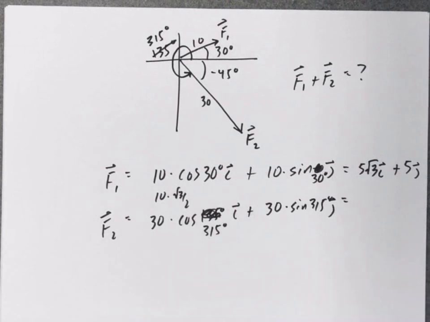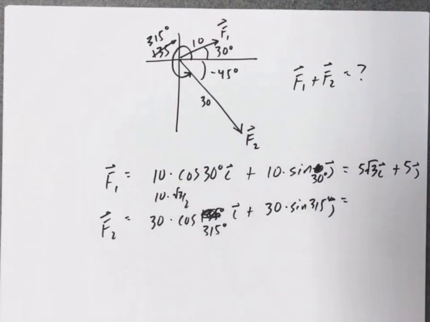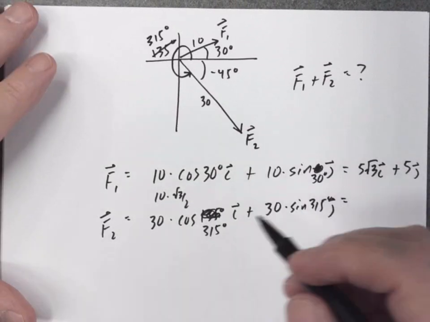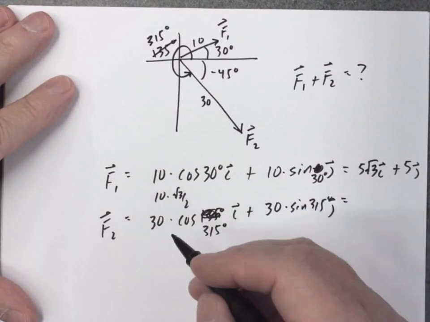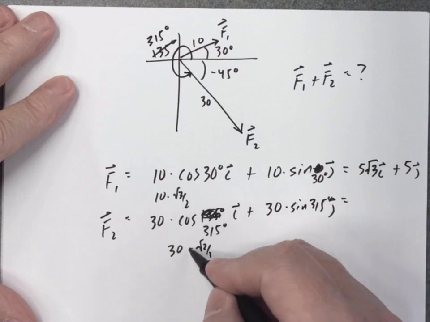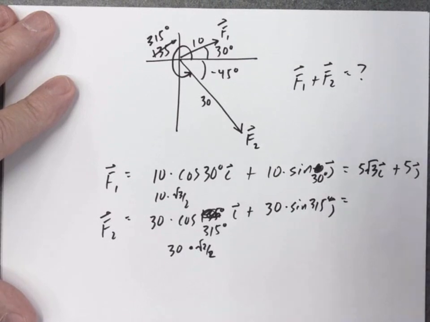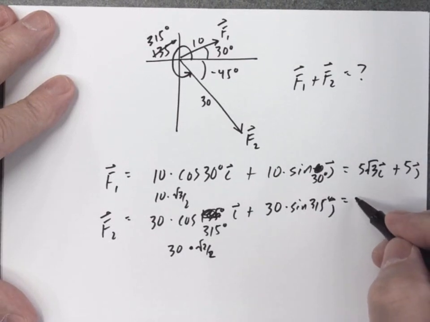So this is a special angle. Down here, it's in the fourth quadrant. The cosine would be square root of 2 over 2. So 30 times square root of 2 over 2 is going to be 15 square root of 2.